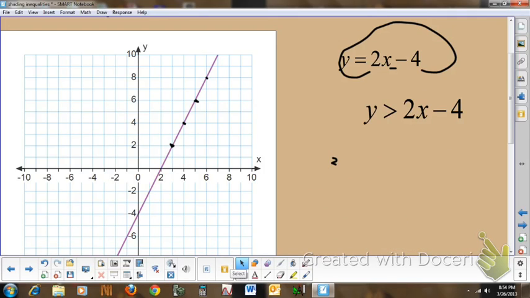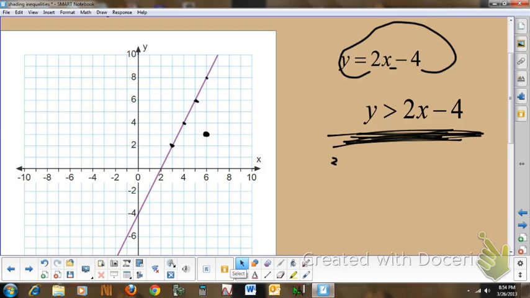Okay? So, let's talk about this. Y is greater than 2x minus 4 is not going to be points that are just on this line. So we're going to test some points that are not on the line but somewhere else and see if we can get it to hold true. So we're going to try this point. Let's see if this point makes the statement true.